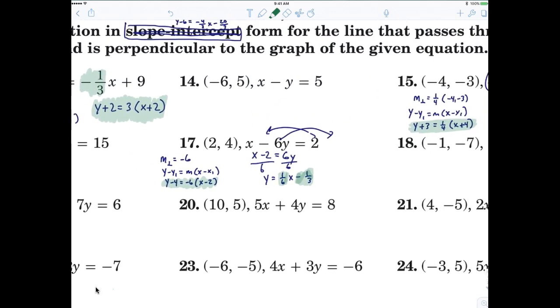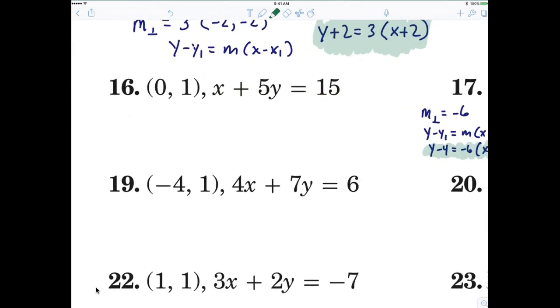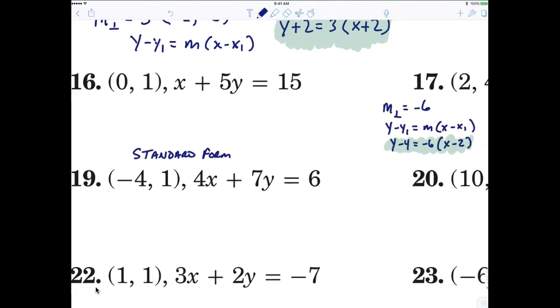Very, very good. Now on 19, I'm going to say I want you to write that this time in standard form. Standard form is your favorite, because you have to get it in ax plus by equals c.